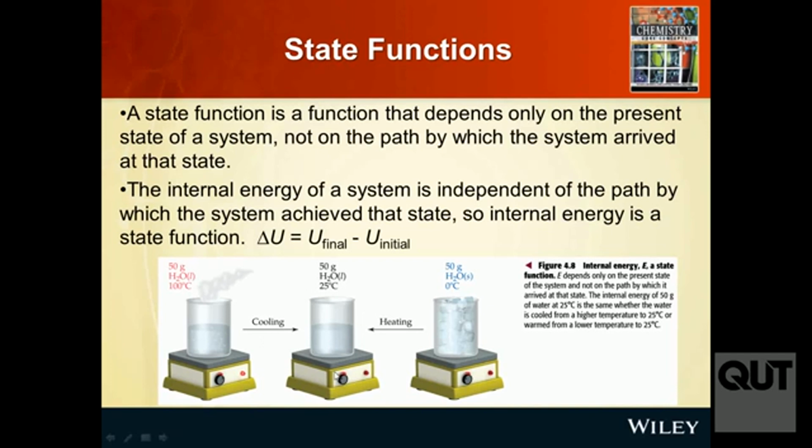All you know is that you stuck a thermometer in it and it measured 25 degrees C. Do you see what I mean? There could be lots of ways to get here, but what you're measuring is the state of the system that you're interested in.